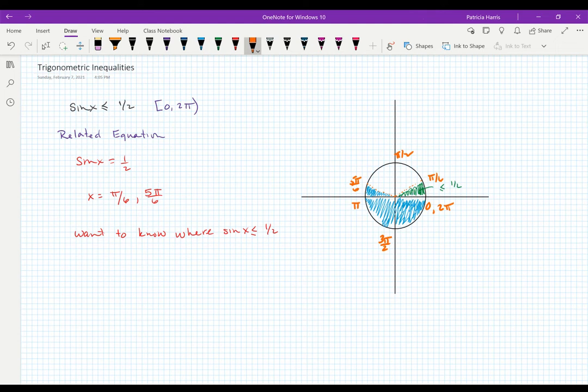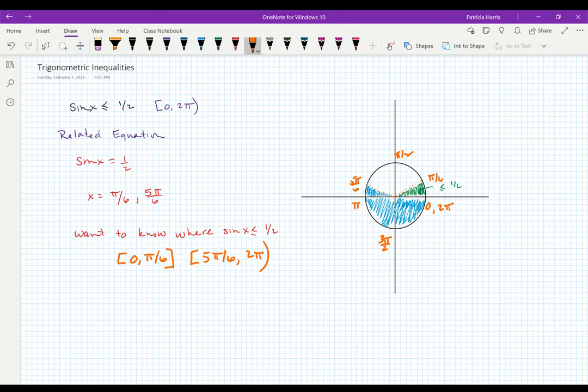So I can write my answer as 0, because we're solving from 0, to pi over 6, close bracket because it's equal to, and then 5 pi over 6 to 2 pi, open bracket because of where I'm supposed to find my solution.